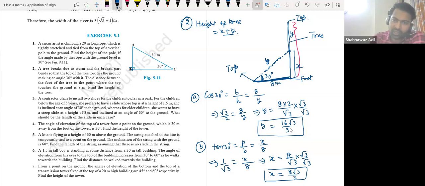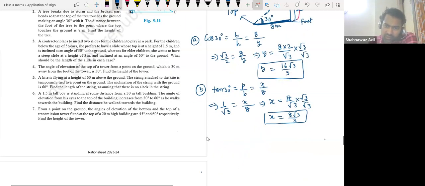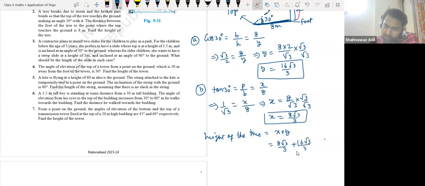Now, if you want to calculate the height of the tree, that is x plus y. So 8 root 3 by 3 plus 16 root 3 by 3. So 3 is the LCM, 8 root 3 plus 16 root 3.